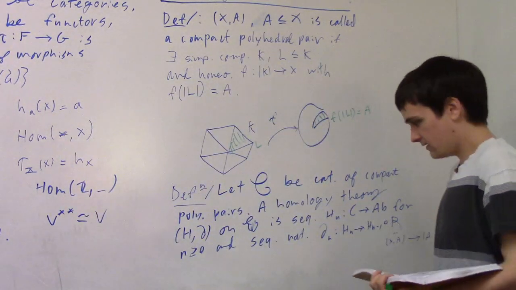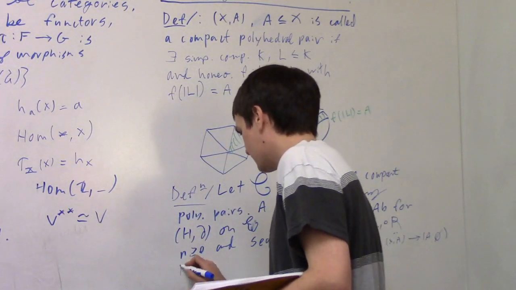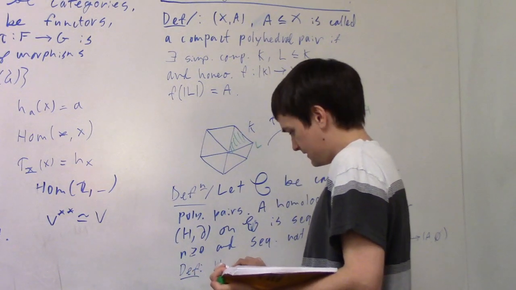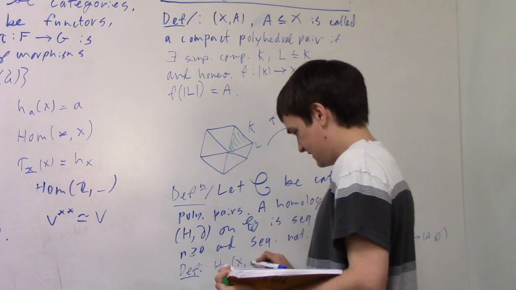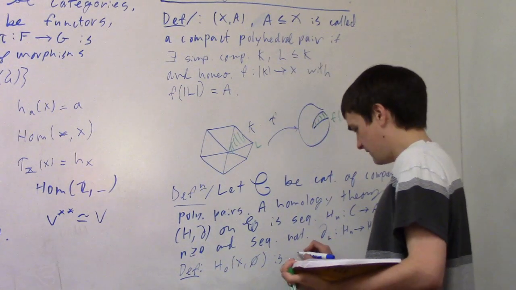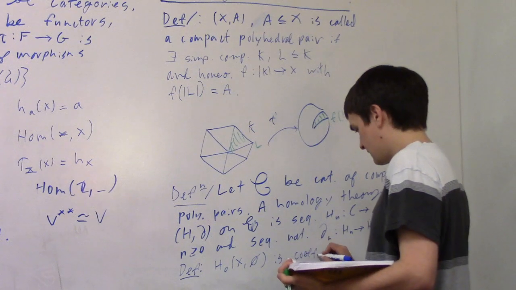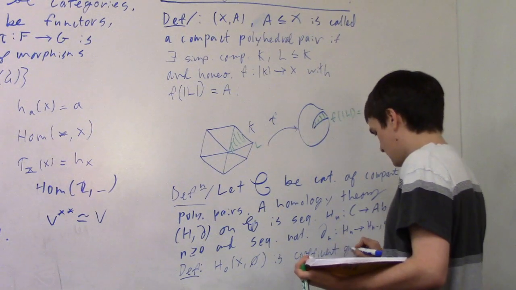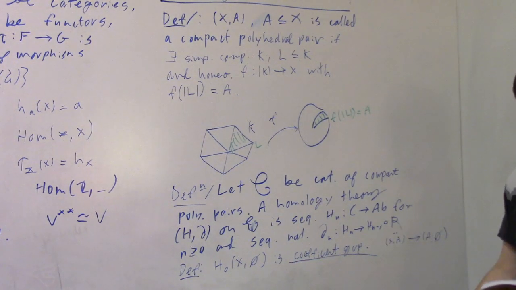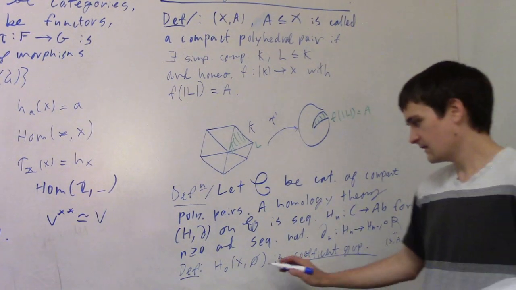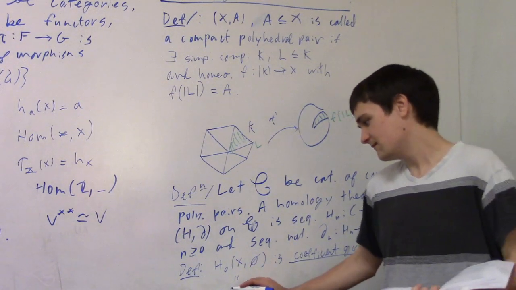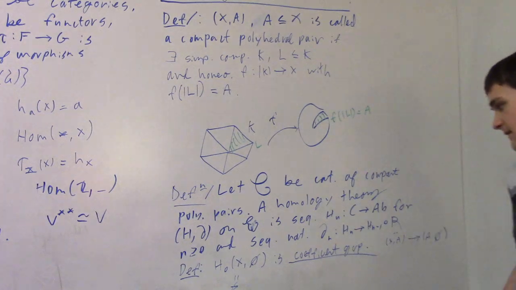Importantly, let's write this as another definition: H_0 of a point is the coefficient group. So for example, in everything we've seen up to this point, this is equal to Z. Exactly.